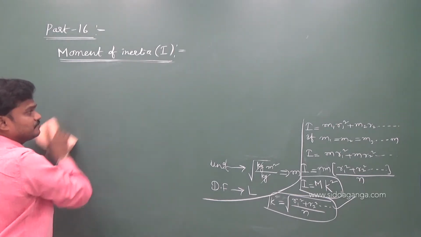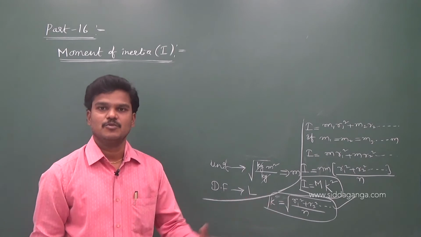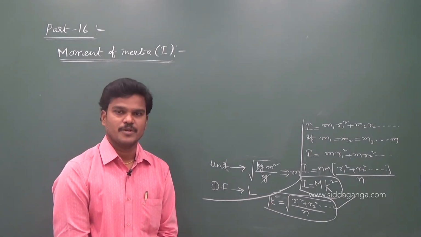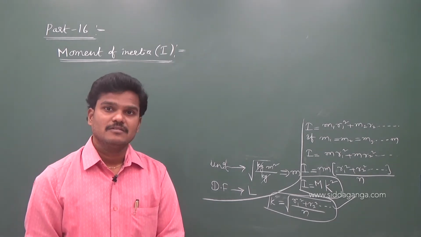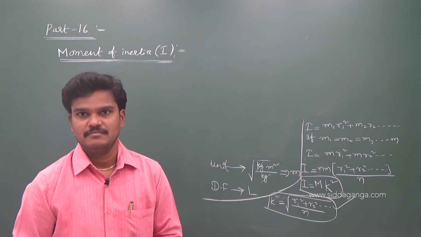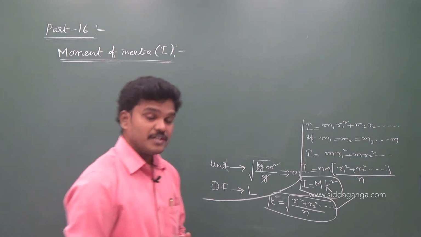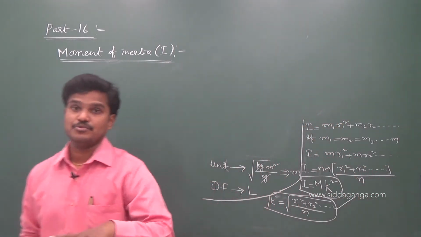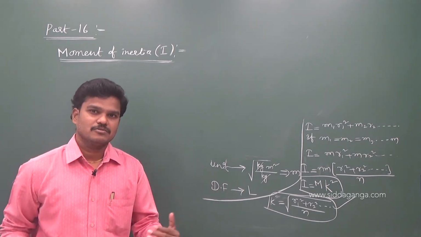Okay, completed. See, generally moment of inertia is nothing but what? The product of mass and square of the distance from the axis of rotation. So that's why moment of inertia depends on mass distribution and the shape and size of the body. Keep in mind, it depends on how the mass is distributed, meaning the mass of each individual particle, m1 r1 square, m2 r2 square and so on.